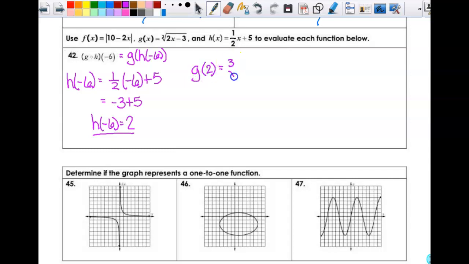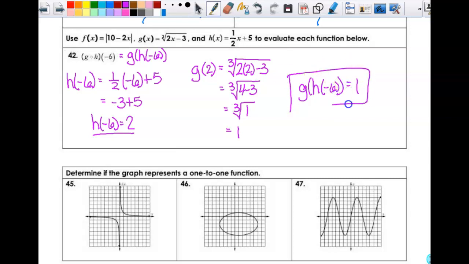That's going to be the cube root of 2 times 2 minus 3. So that's the cube root of 4 minus 3, which is the cube root of 1, which is 1. So g of h of negative 6 equals 1. There you go.